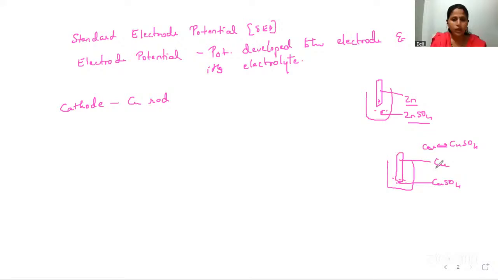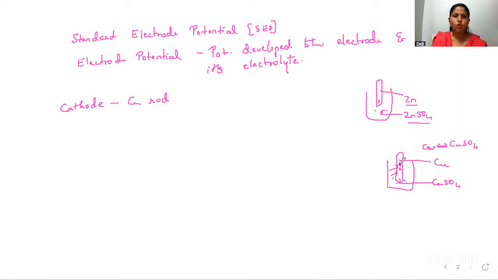These Cu plus 2 ions from the CuSO4 solution surrounding the rod take electrons and form Cu, which gets deposited on the copper.